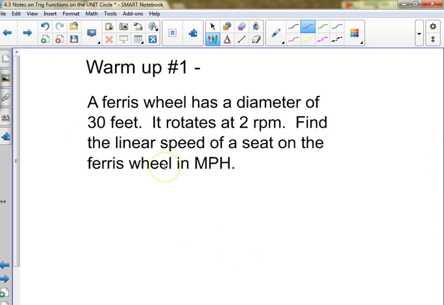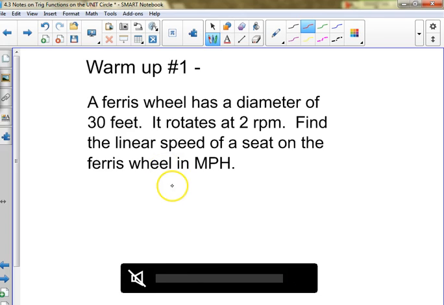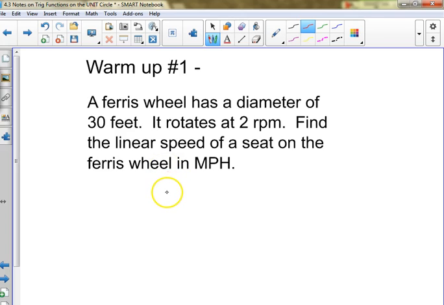What's going on here? Linear speed or linear velocity is how fast you are turning if you're sitting in that seat, and it says in miles per hour. On your sheet, there is a formula that says linear velocity equals angular velocity times radius.